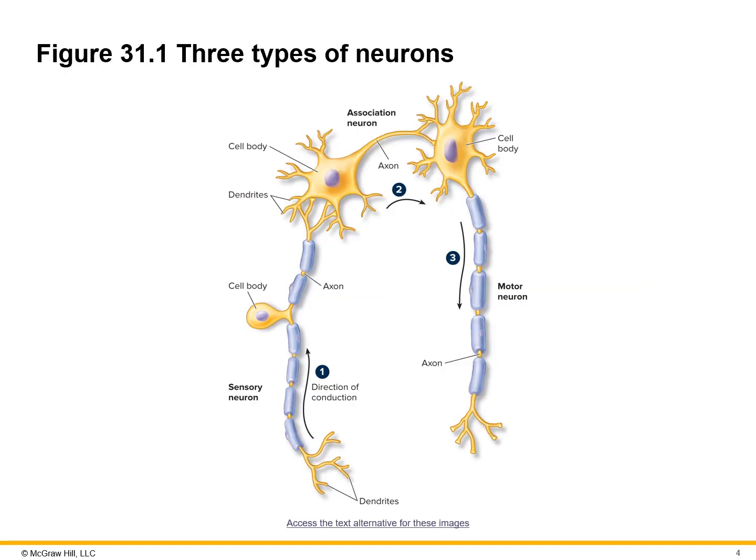Just showing these working together. So let's say we have an impulse, so we touch something hot or something pointed. That signal is then going to be carried up through that afferent neuron. It's going to go up and then release a signal onto this association neuron.